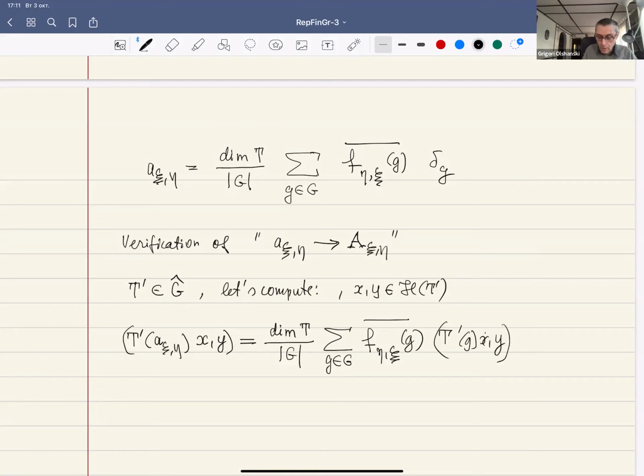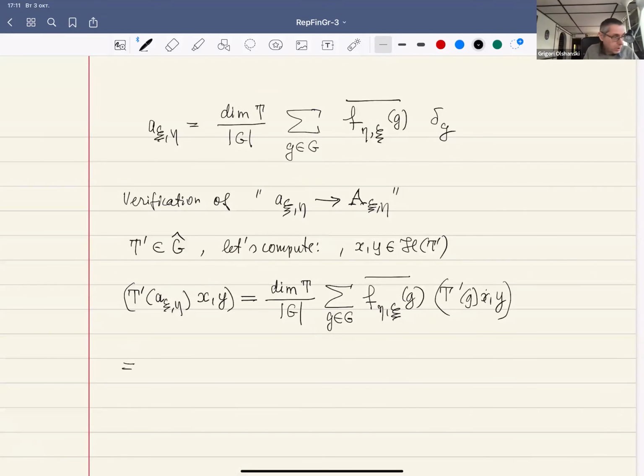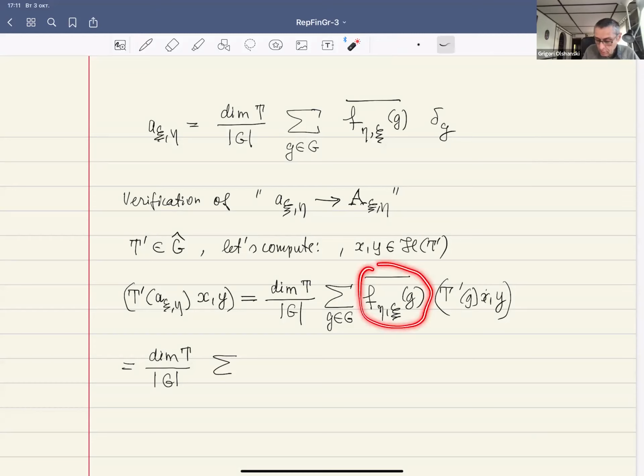Well, and now write this just an obvious transformation. Just to encode what is this. Just apply the definition of what is this matrix coefficient. In doing this, we get the following.